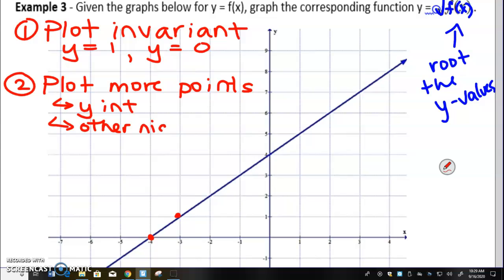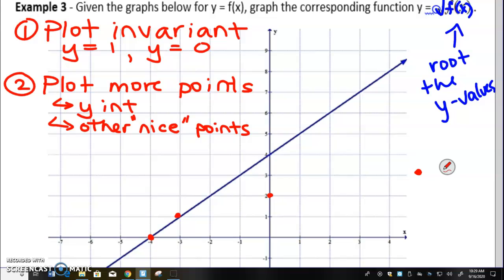What are nice values to root, you guys? 1, 4, 6, 4, 9. 9, right? Nice, perfect squares. Good. So when I look at this one, I see that my y-intercept was at 4. Where would it be now that I rooted it? 2, right. There's another point over here that would be at 9. When I root it, what would it end up at? 3. A little off there, but it would be something like this.